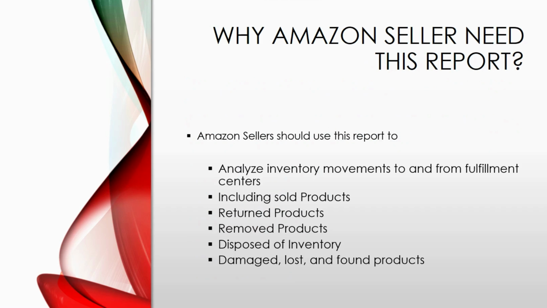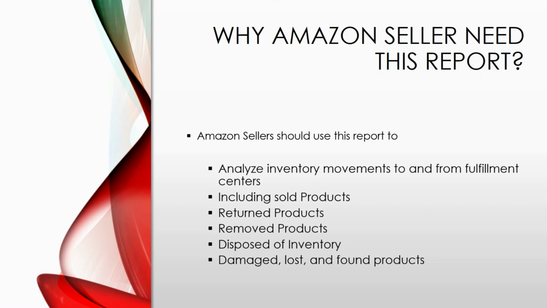Coming to why Amazon sellers need this report: all those things have been merged into this report, and you don't have to shuffle between 6 different reports. Instead, you can go into the Amazon ledger and have all the data in front of you. Sellers should use this report to analyze inventory movement to and from fulfillment centers.